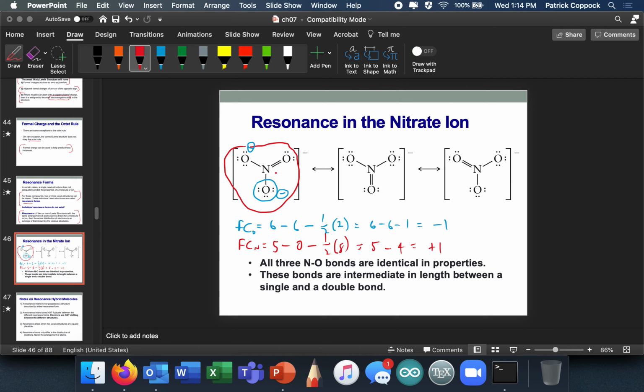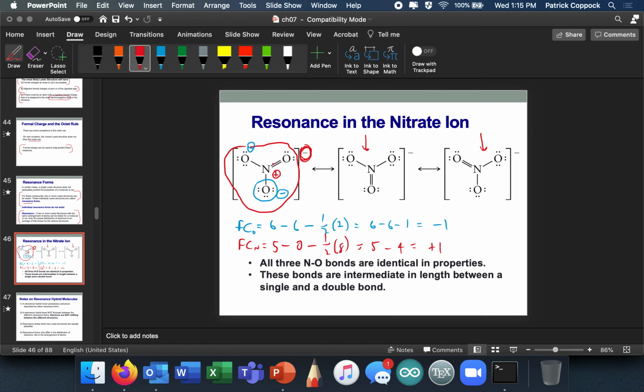So it looks like that has a plus 1 formal charge. And look at this, what a coincidence: minus 1 minus 1 plus 1 gives you minus 1. So this is a legitimate Lewis structure for nitrate, but so is this, which is the same thing, and so is this. These are all three different legitimate structures for nitrate. Since they're legitimate and equivalent, they are resonance structures of one another.